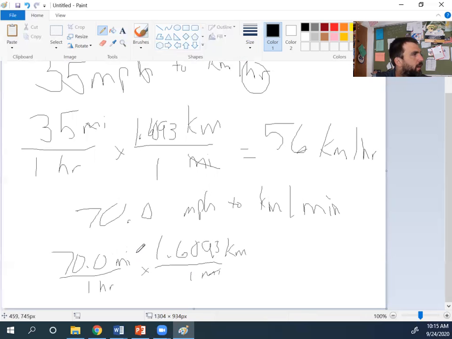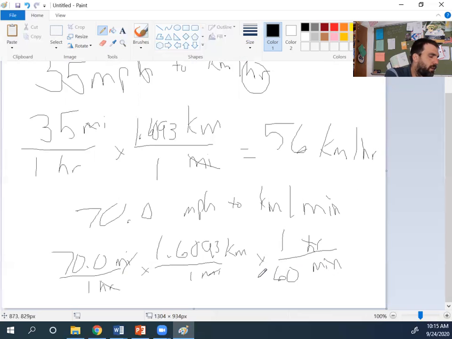So miles cancel. And then now I'm going to work from this one. Hours on the bottom here, so hours is going to be on the top here, and minutes going to be in the bottom. Do I know a conversion between hours and minutes? 1 hour is 60 minutes. So hours canceled, and the only units I have left are kilometers on the top, minutes on the bottom.